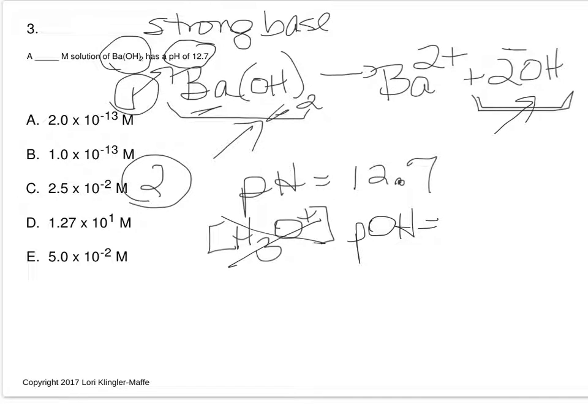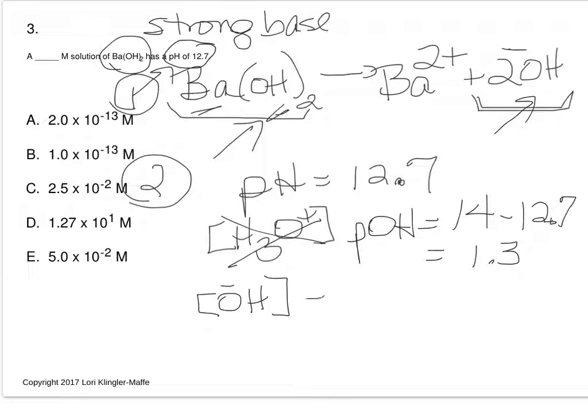So pOH equals 14 minus 12.7, which means pOH equals 1.3. And now I'm going to go ahead and find the concentration of OH, and that's 10 to the minus 1.3. And that equals 0.0501 molar.